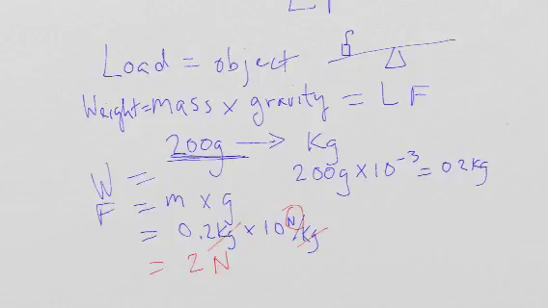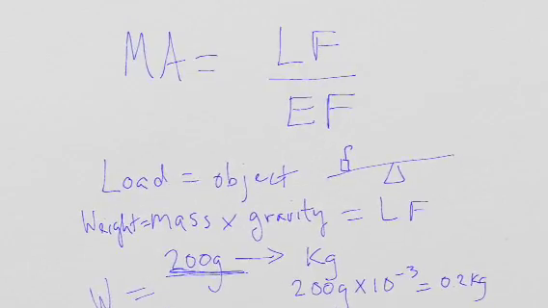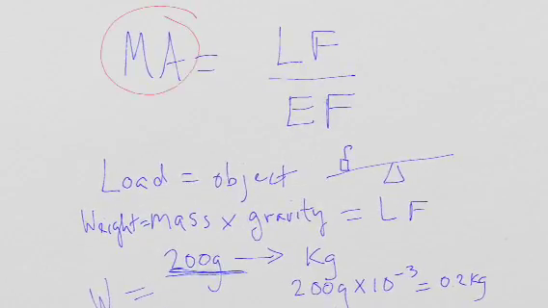The bumpier the surface, the more friction, the higher the amount of effort you needed to drag the object across that surface. Okay, so you can measure your effort force using a spring scale. You can calculate your load force. You can also measure your load force on a spring scale and get that. If you know those 2 values, you can then calculate your mechanical advantage.